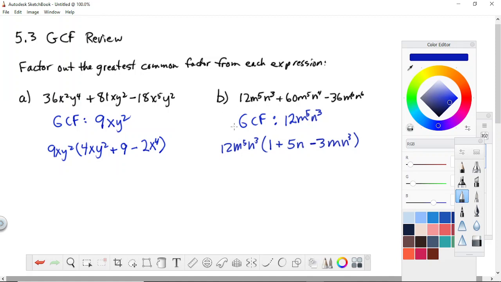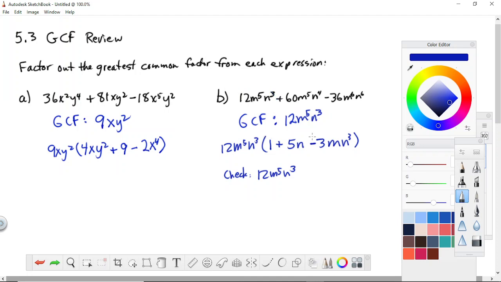Okay, so that's it. And we can check that by multiplying each term, right? Let's go ahead and do that down below. Won't take very long. So 12m to the 5th times n cubed times 1 is obviously just 12m to the 5th n cubed. Okay, and that's what we should get. We'll check it as we go along.